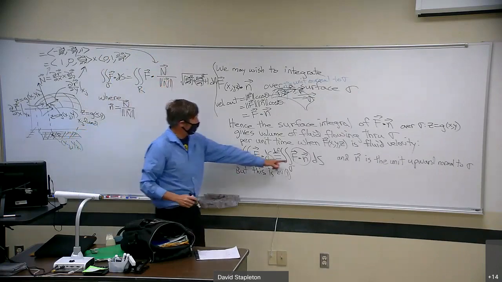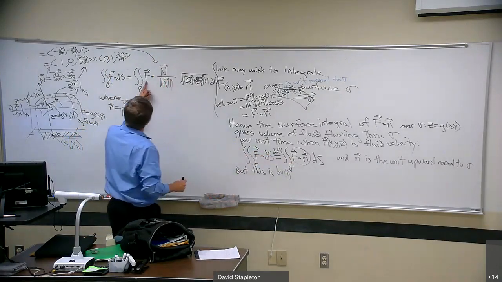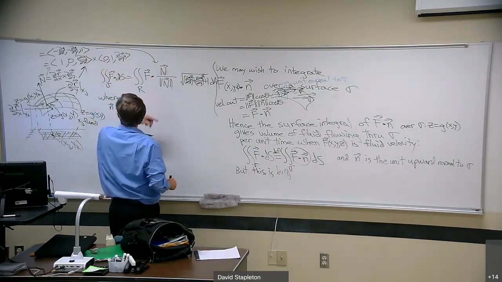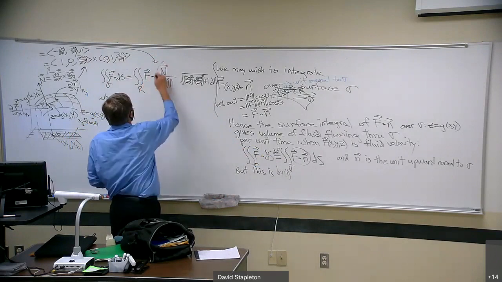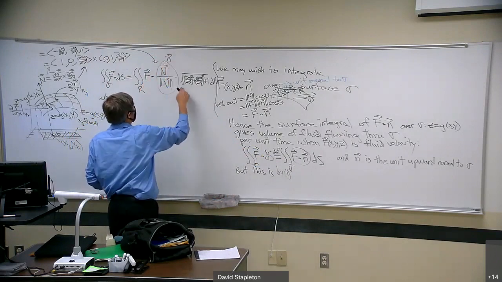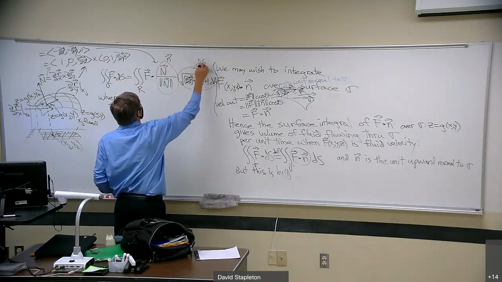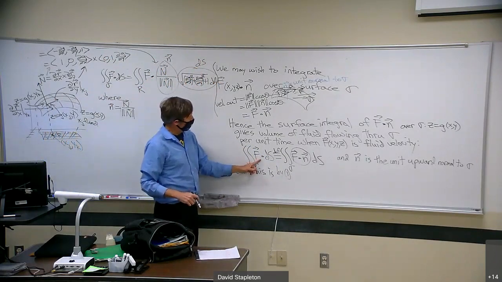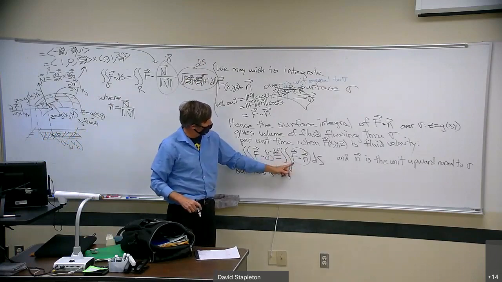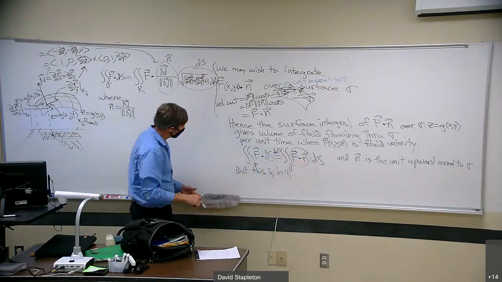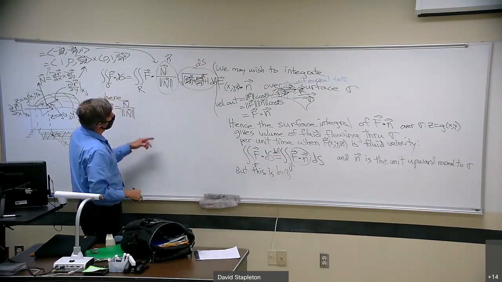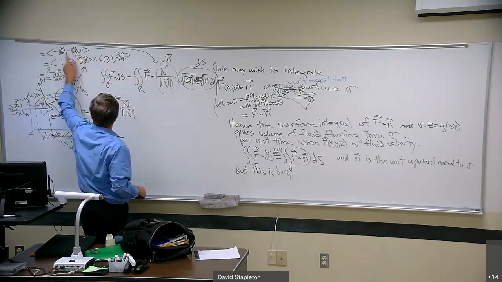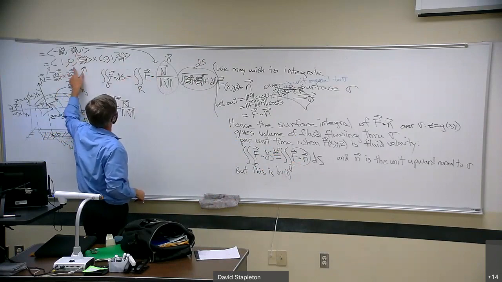So F dot n dS from here becomes F dot the normal vector, which is not a unit vector, it's this one, divided by its length, so this is N. And then dS is this. We find the vector surface integral by the double integral of F dot n dS, that scalar surface integral, and then write the unit upward normal as N divided by its length, where we compute N this way, as the cross product of these two tangent vectors.